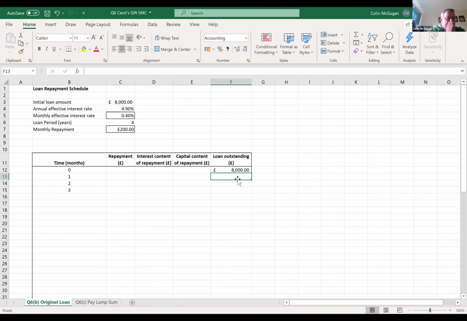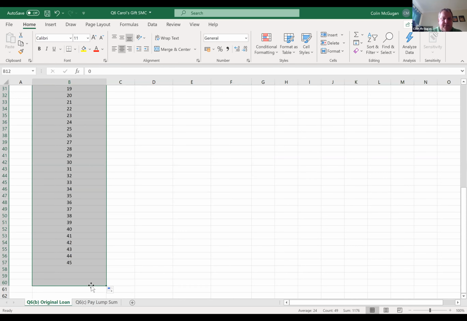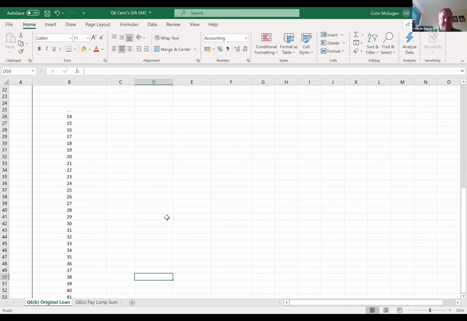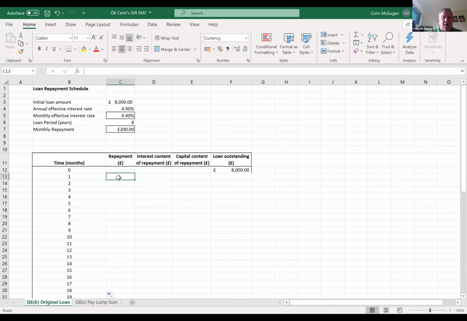So what I'm now going to do is it's 48 months. I'm going to take my months 0, 1, 2, and 3, and increase that down so that I've got 48 months. There we go, 48. Now I'm going to come back up here and go into this cell, which is my cell C13.